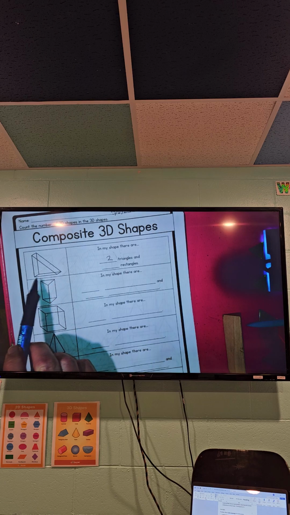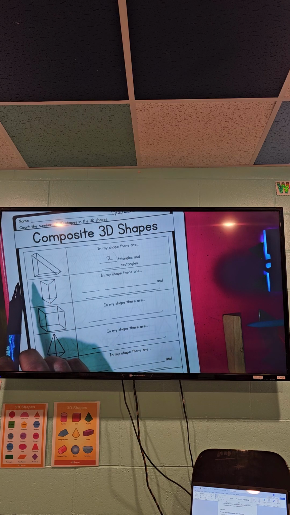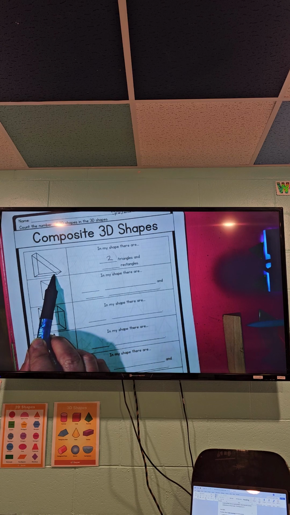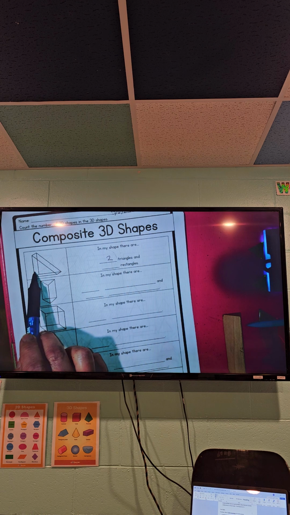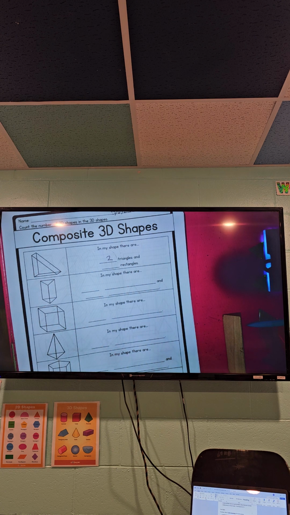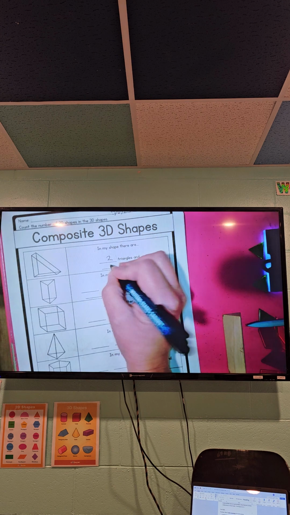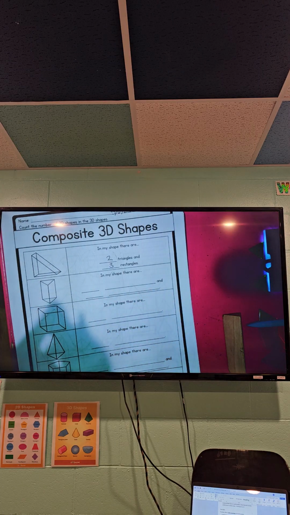And then how many rectangles? Well, how many sides does a triangle have? It has 1, 2, 3 sides. So there has to be 3 rectangles so the object can be closed and not open. Say closed 3D shape. They're all like that.